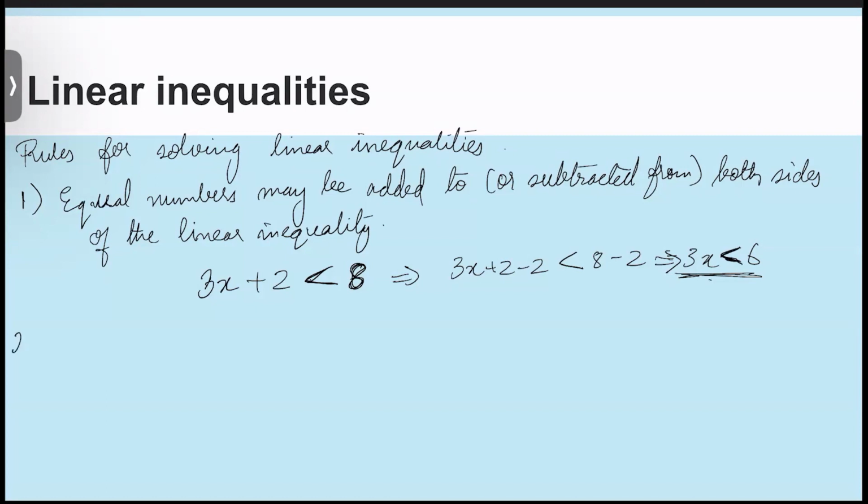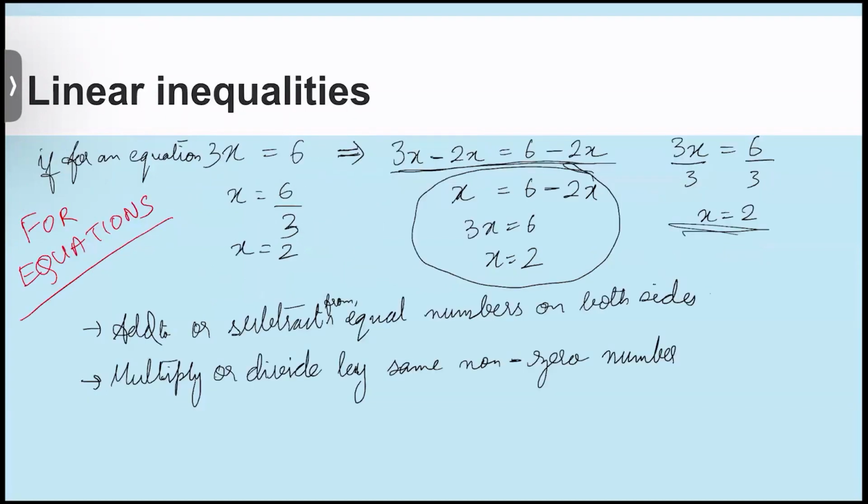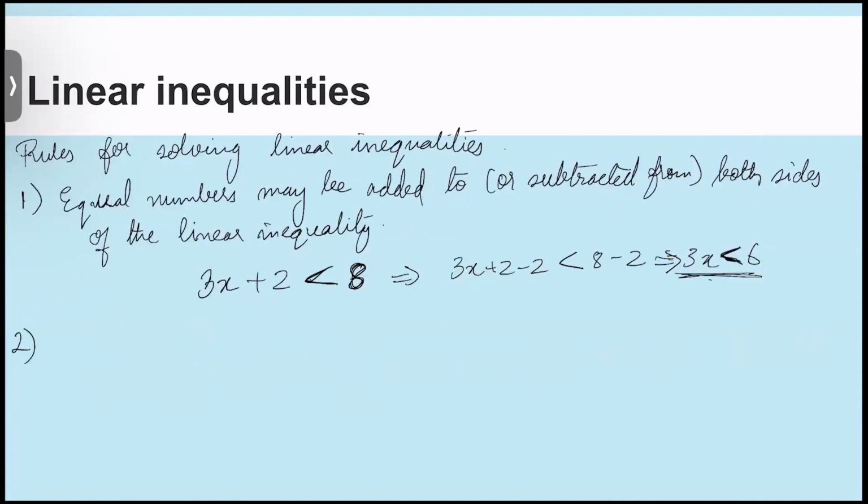Now the second rule. For equations we saw that you can multiply or divide by the same non-zero number on both sides. Similarly here, but there is an exception to this rule.